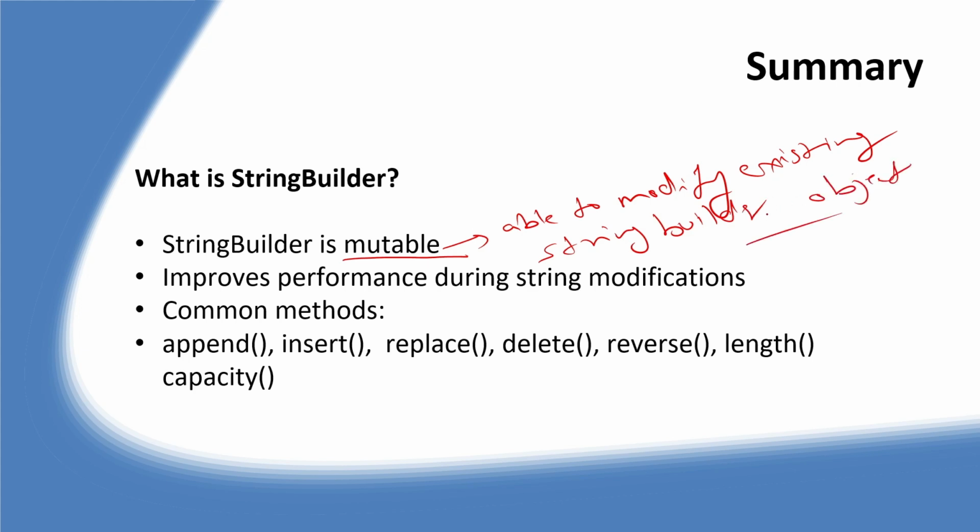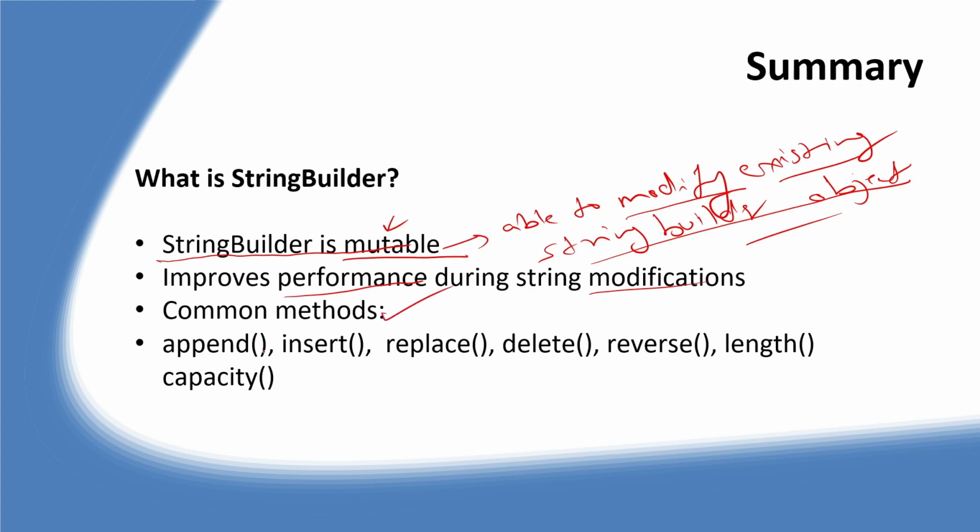It is not creating a string object every time. It is modifying the existing string builder object. That's why we are calling it mutable. So it improves performance during string modification. It is not creating a new string every time. It is modifying the existing object. That's why performance is increased.